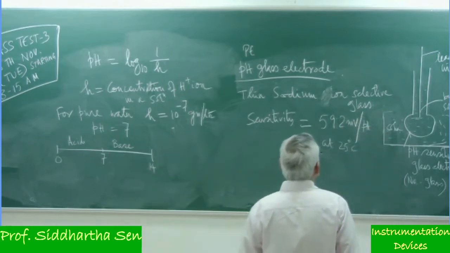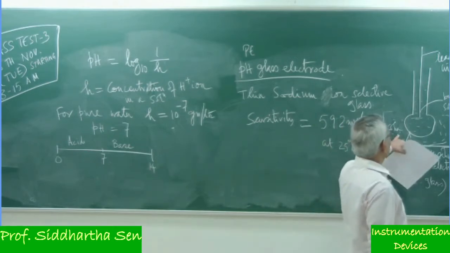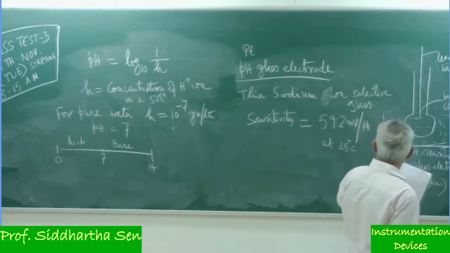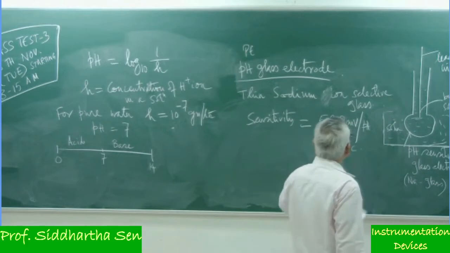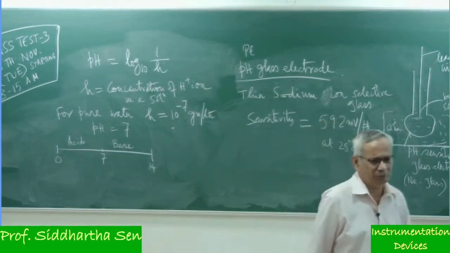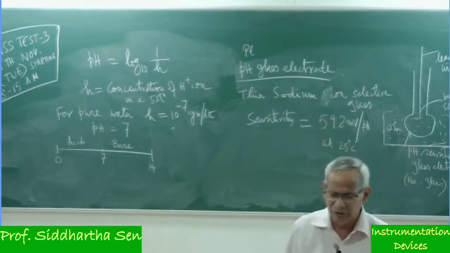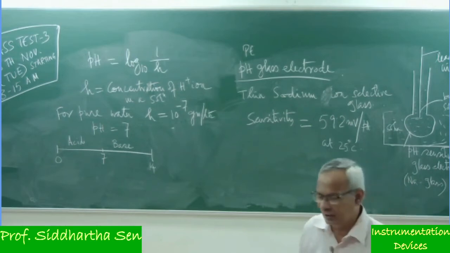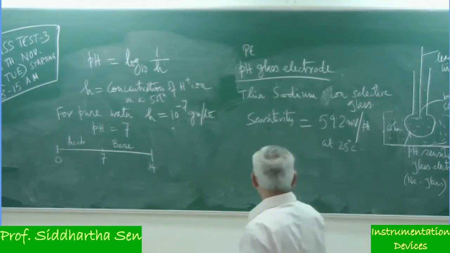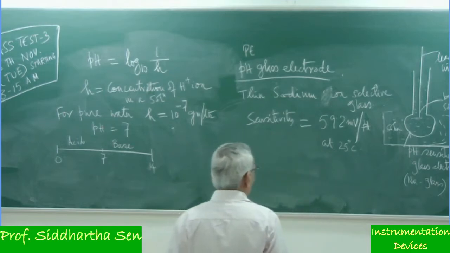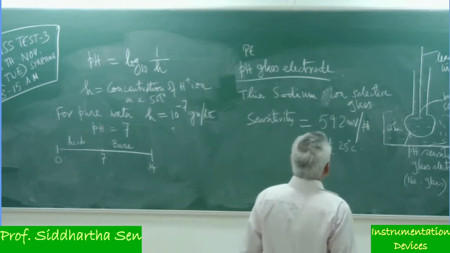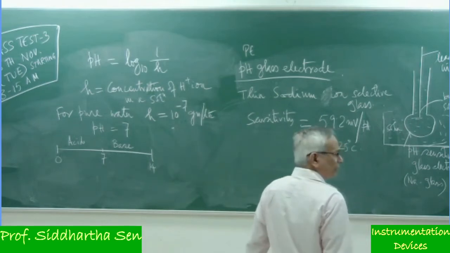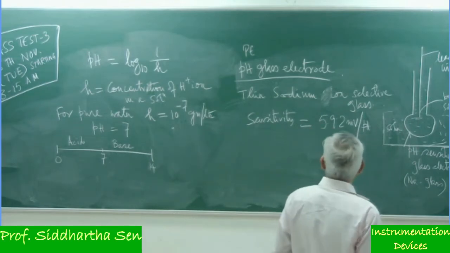Only outside, the hydrogen ion concentration is changing. So it is 59.2 millivolt per pH. It's a good amount, in fact, compared to other sensitivities at 25 degrees Celsius.